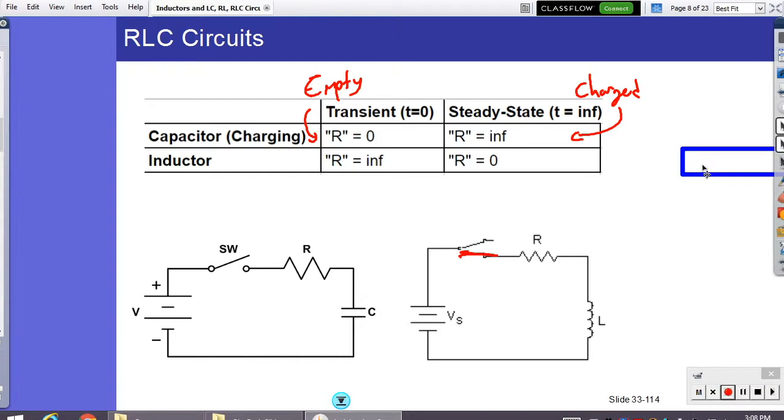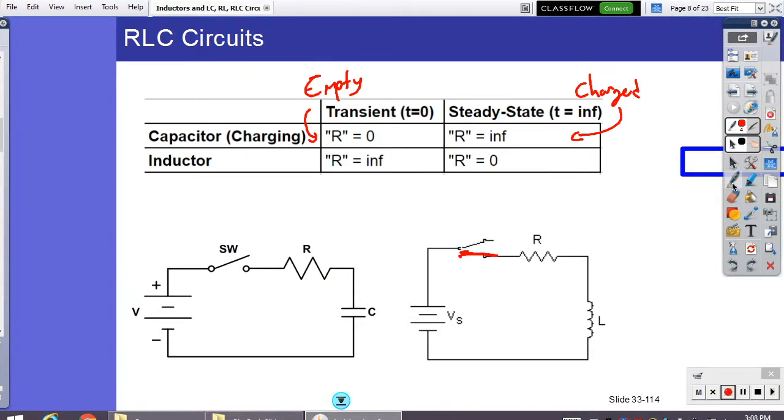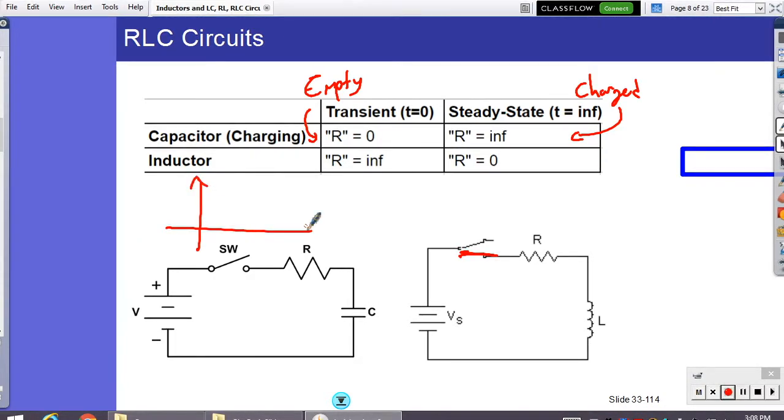So for my capacitor, remember, if I'm charging a capacitor, my current is going to start out high and then decay to 0 as that capacitor gets more and more charged.